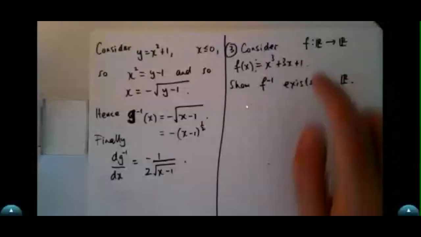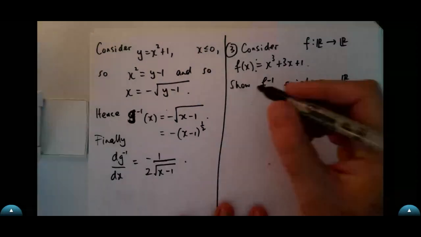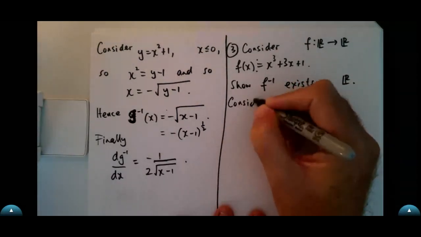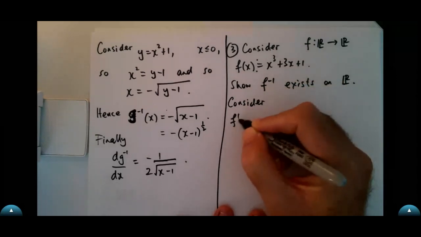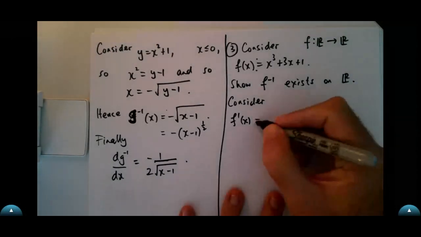We're going to show that this function has a graph that is increasing. All right. So let's consider the derivative of our function. It's a nice friendly function. It's a polynomial, so they're nice to work with.